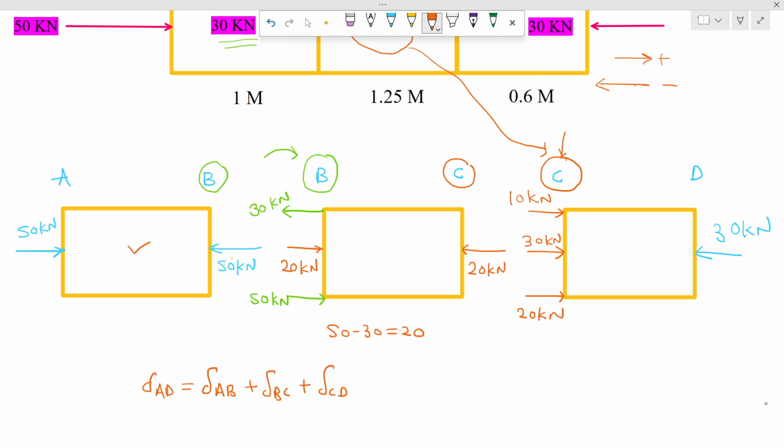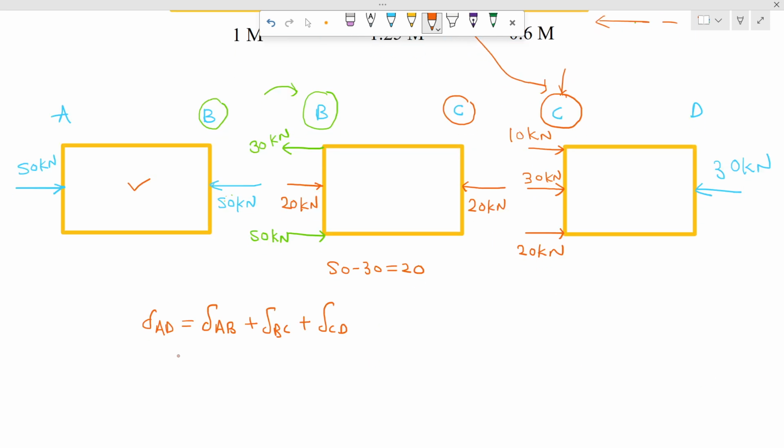So we know the formula, that is P1 L1 upon AE, as A and E are constant, so we can write P2 L2 upon AE plus P3 L3 upon AE. Now I can take the common AE.